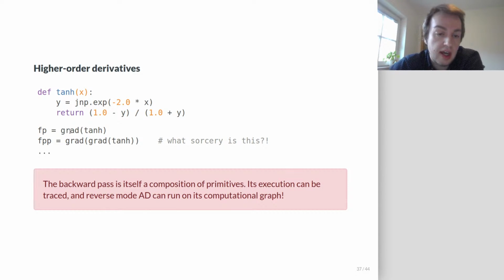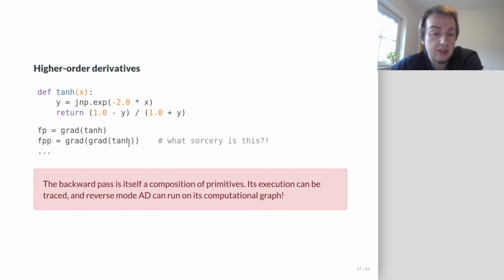This first one, hopefully you now understand how it works: it just runs automatic forward or backward differentiation on the fly. What might be a bit more mysterious is what happens if you take second or third or higher order derivatives, like taking the grad of that function.